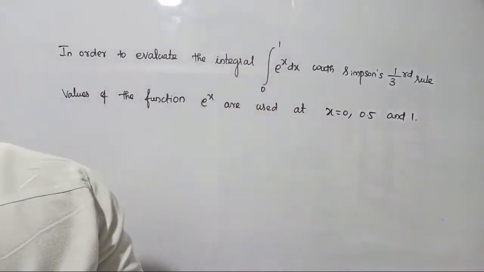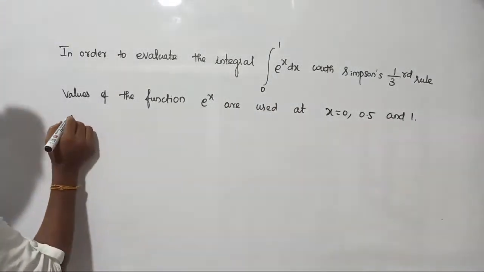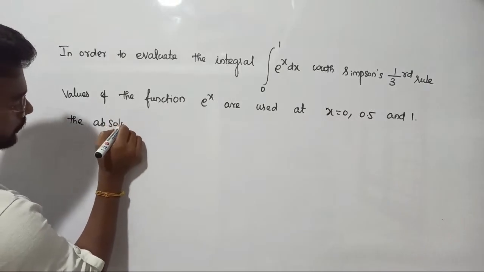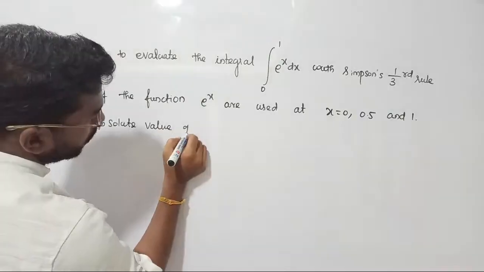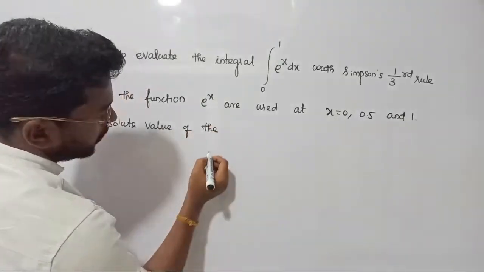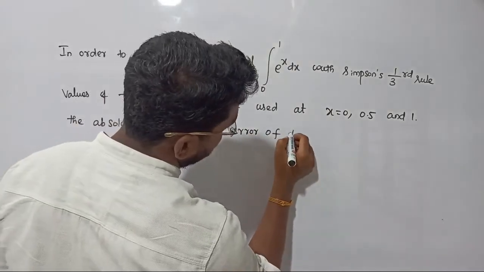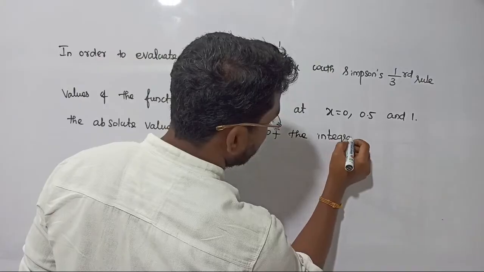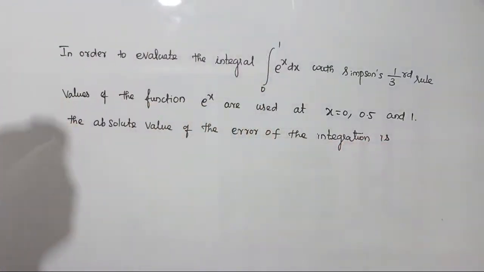Now the absolute value of the error of the numerical integration is dash. That is the given question, right?